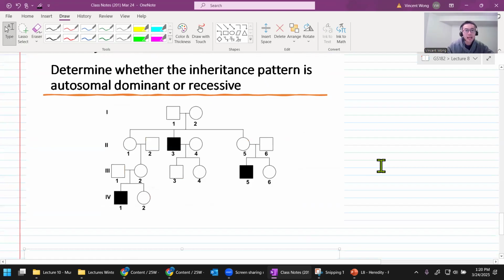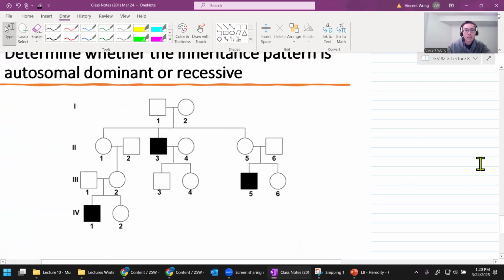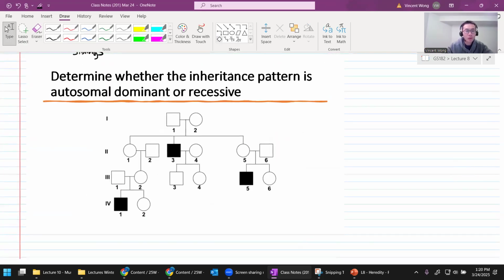Based on this inheritance pattern, I want you to tell me whether the trait we're looking at is a dominant trait or a recessive trait. We want to look at whether it's dominant or recessive. All right, so let's see. Nobody has this trait in the first generation.